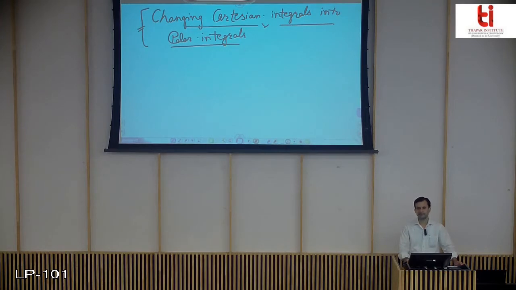So in such cases the region of integration is not that difficult, it is maybe as easy as in polar. However, when you put the limits of integration in Cartesian and solve the integral, the integration becomes complicated. So in those cases also we switch to polar coordinates, that is, changing Cartesian integral into polar integral.